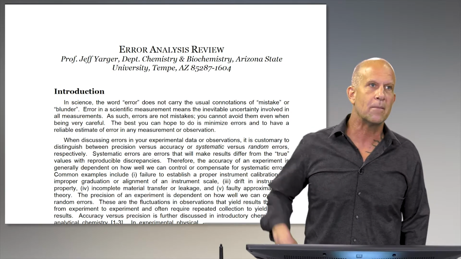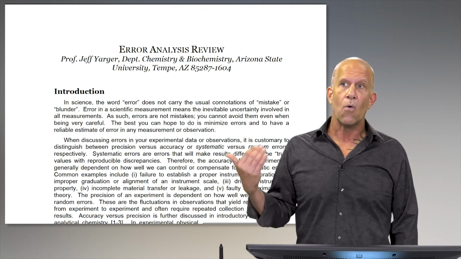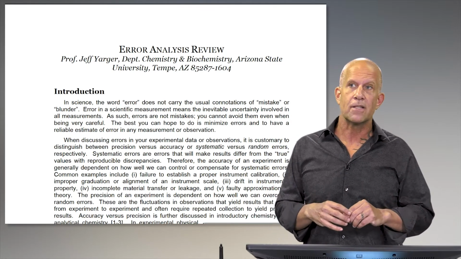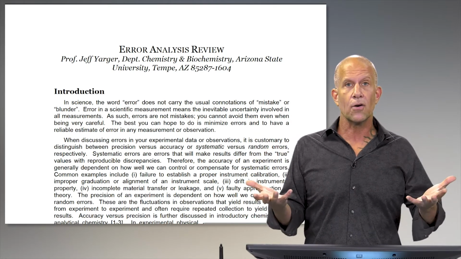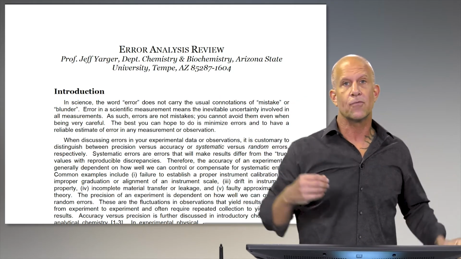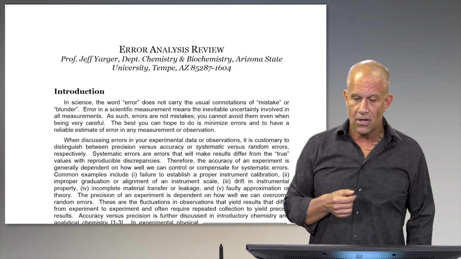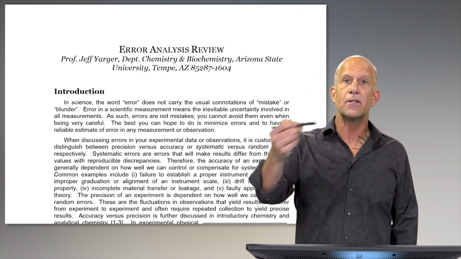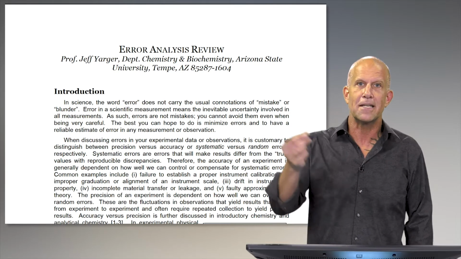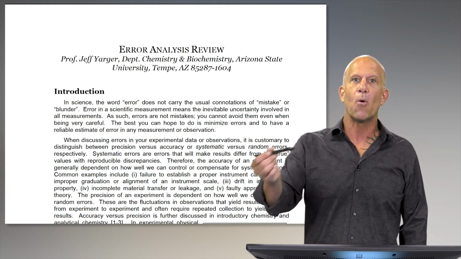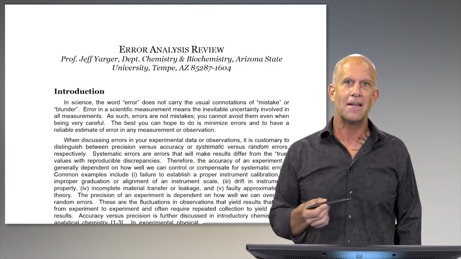We're not talking about mistakes. We're talking about random errors that occur, can be determined, and propagate through measurements, and that's what we want reported. If you literally made a mistake, then the experiment should be redone, right?